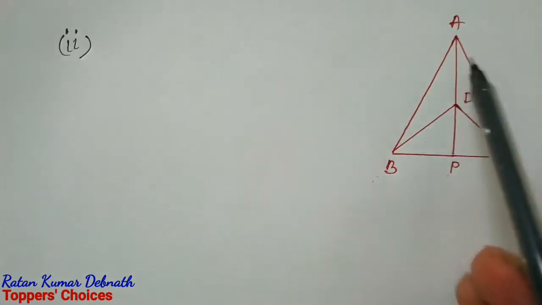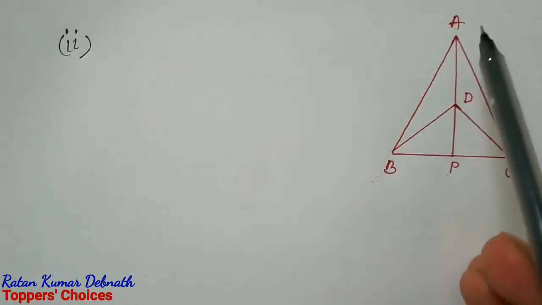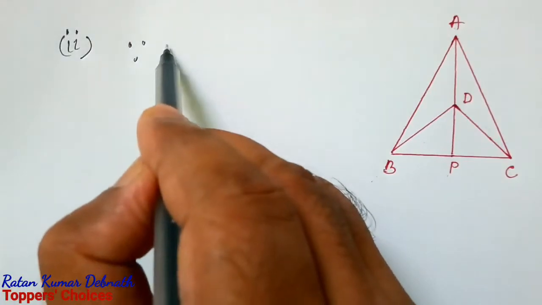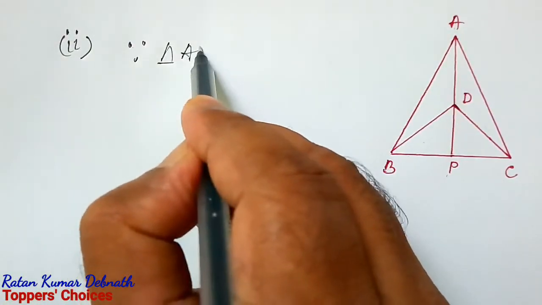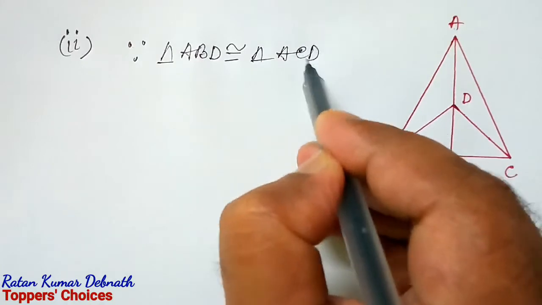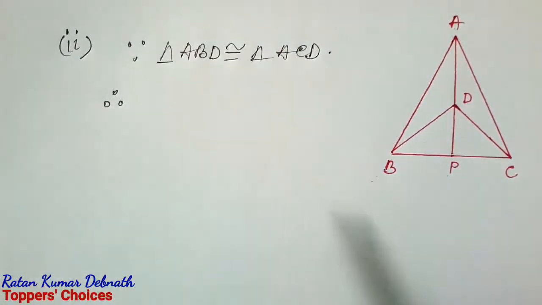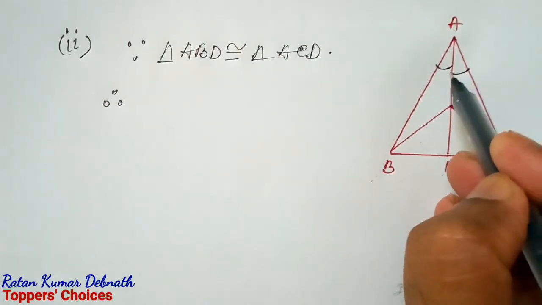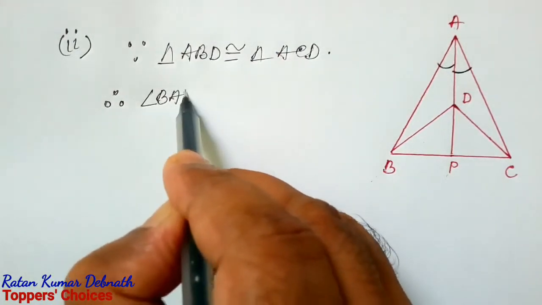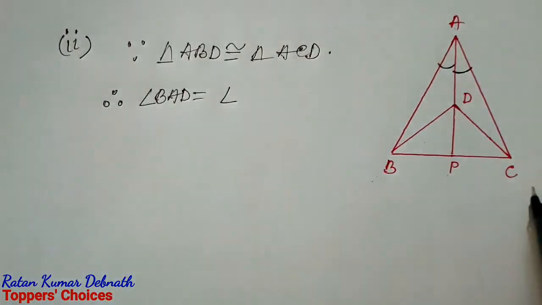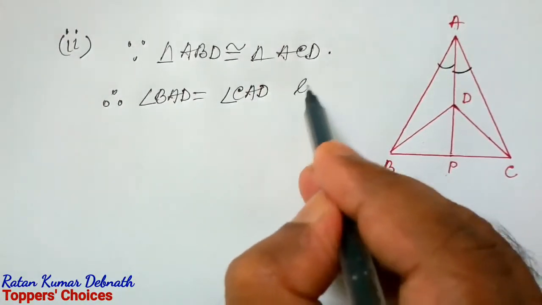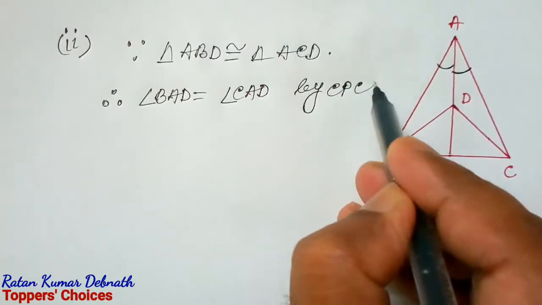We have already proved triangle ABD and triangle ACD are congruent, therefore this angle equals to this angle, that is angle BAD equals to angle CAD by CPCT.